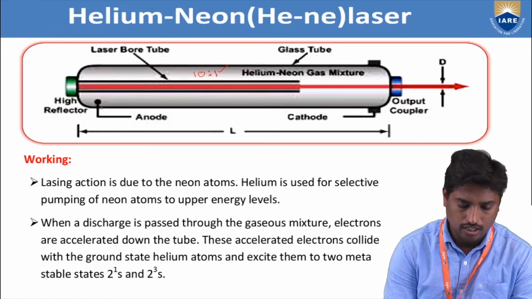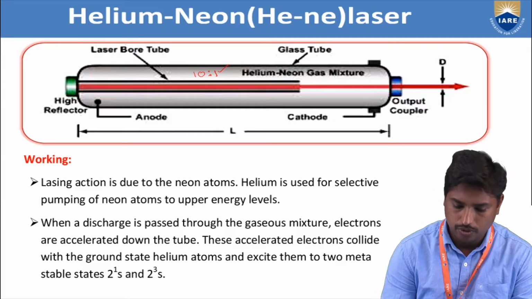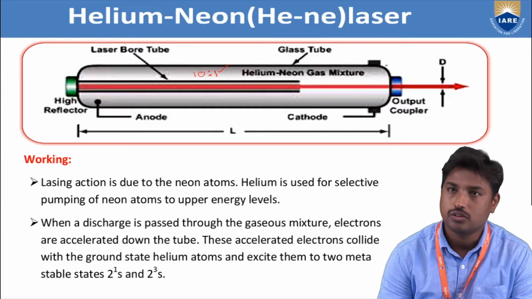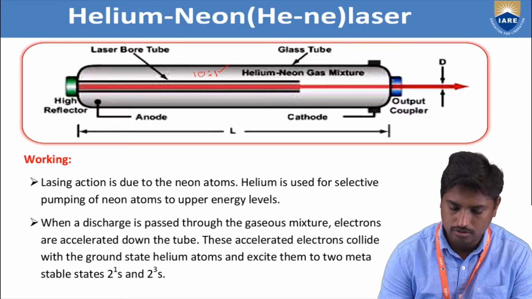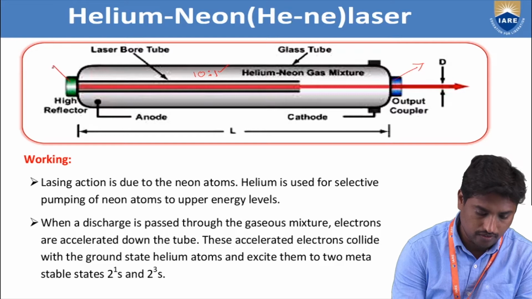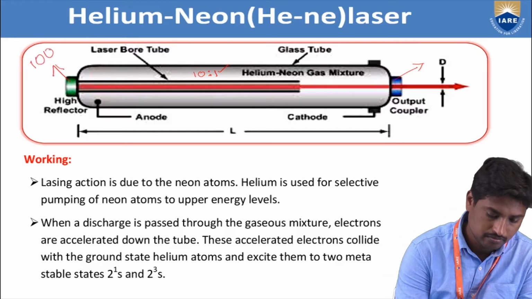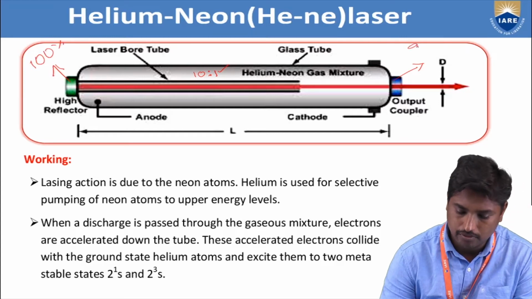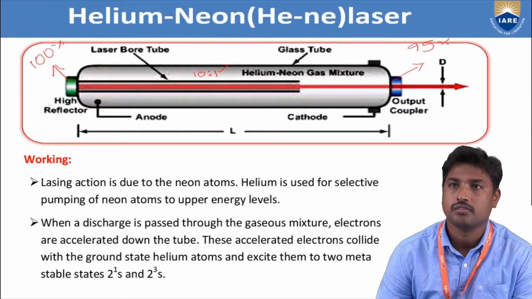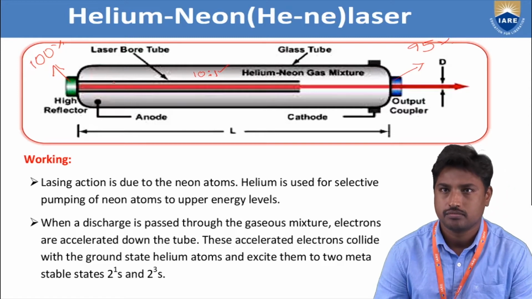So we connect the electrodes, which act as pumping sources. At the 2 ends of the quartz glass tube, this one is 100% reflecting, and this is 95% silvered. So these 2 ends act as an optical cavity.